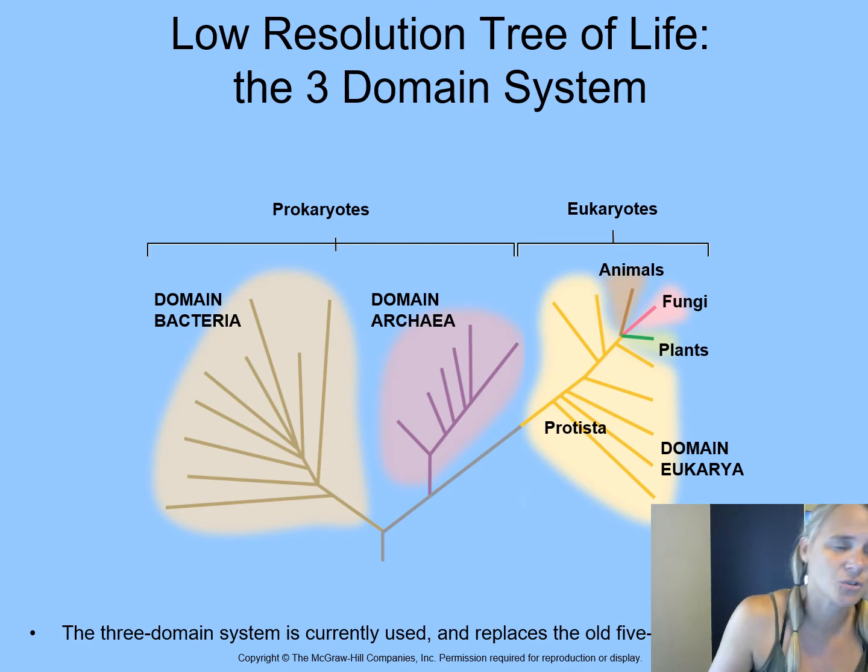So when we look at a tree like this, it's very similar to that tree I showed you in the previous slide. Down here at the base of the tree, where the roots would be or where it touches the ground, this is a common ancestor. This goes back in time. And as we move up, that's evolutionary time right there.